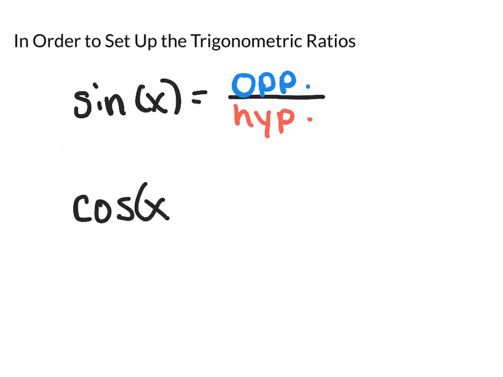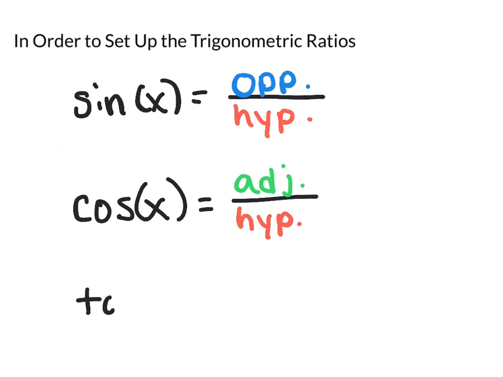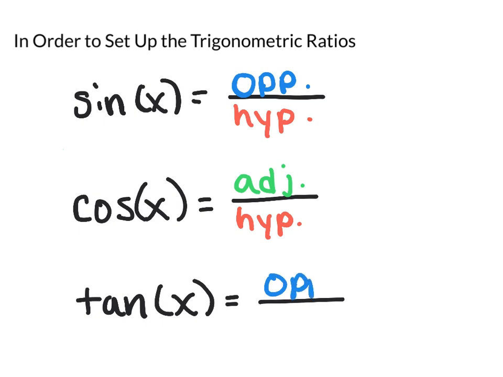Cosine of x is the adjacent over the hypotenuse. And tangent of x is the opposite over the adjacent.